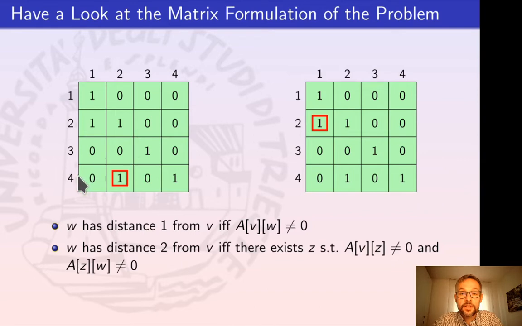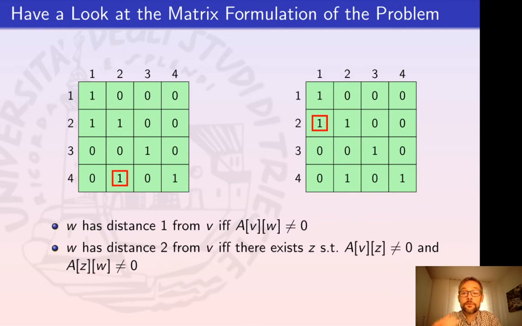To know whether there is a path going from 4 to 1, we simply have to search for another node, so let's say in this case 2, such that I can move from 4 to 2 along an edge, and then from 2 to 1.